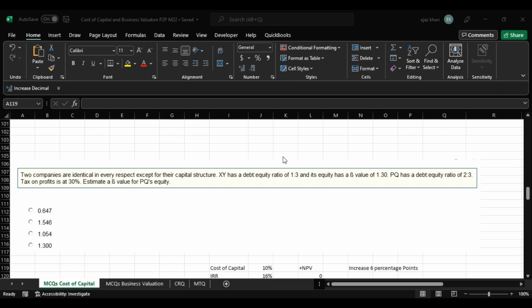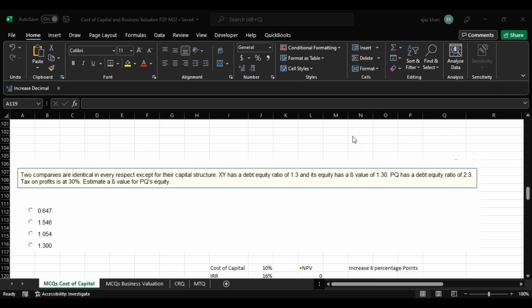Okay. Firstly, who's going to tell me what is equity beta? What does it show? Great.